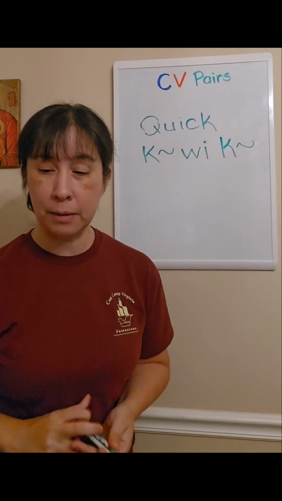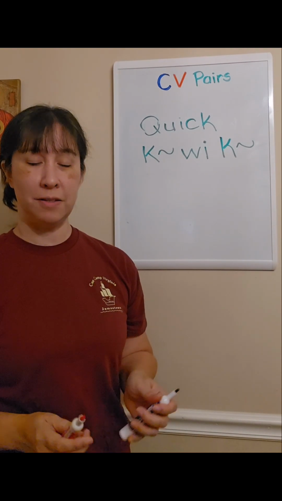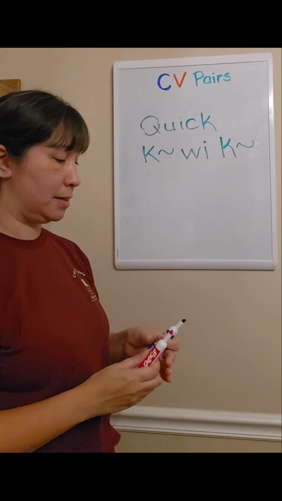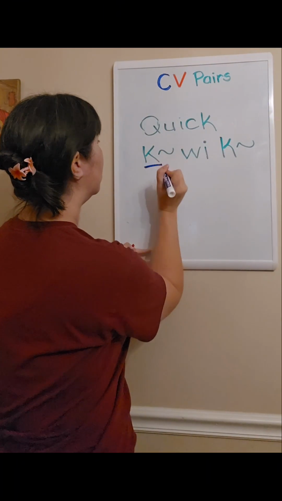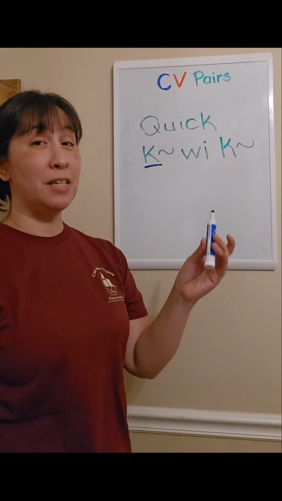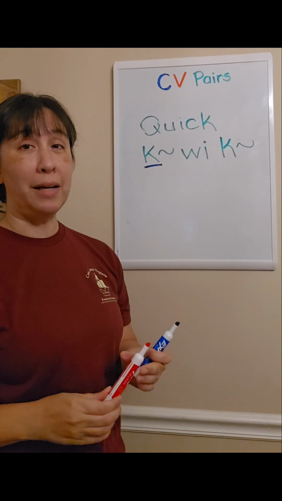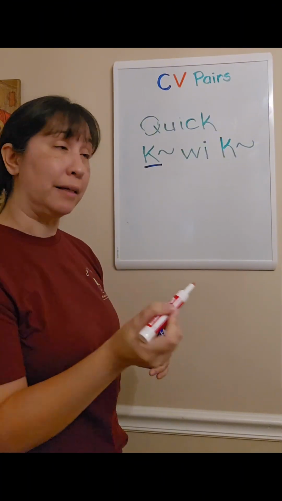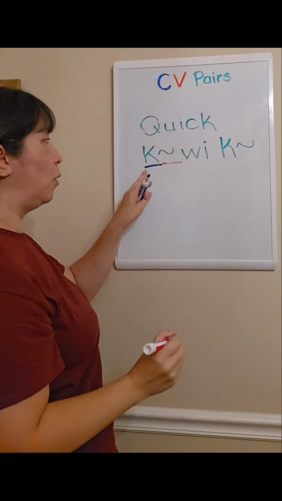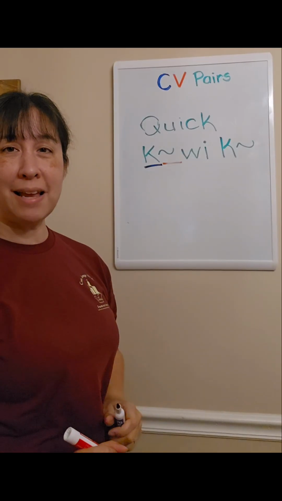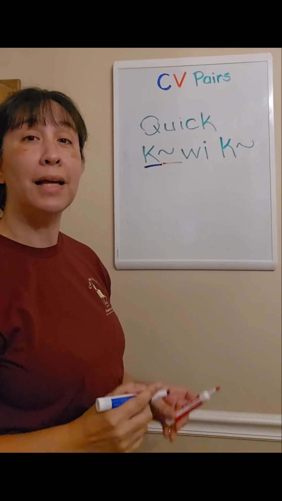Okay, let's get the red and the blue and identify our consonants and vowels. K is a consonant, so we're going to underline that in blue. It's got to be followed by the red. There's nothing in that red, but you underline the nothing. So K would have one CV pair all by itself. Going back to blue, we have a W. That is a consonant.